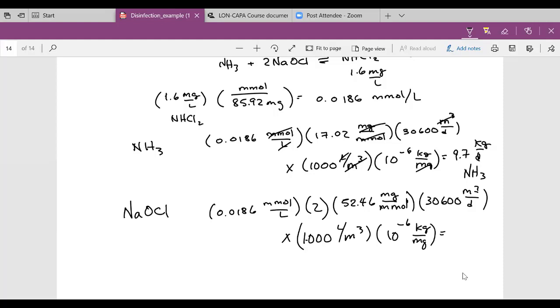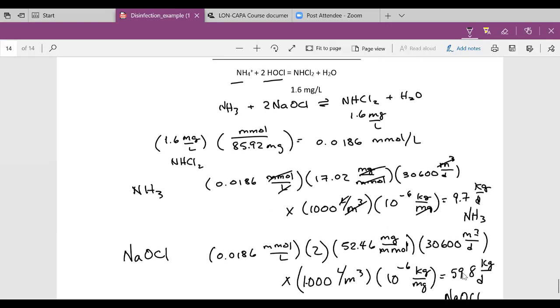And we need 59.8 kilograms per day of sodium hypochlorite. So that gives us both the sodium hypochlorite dose that we need, and it gives us the ammonia dose we would need in order to achieve this 1 milligram per liter of dichloramine.